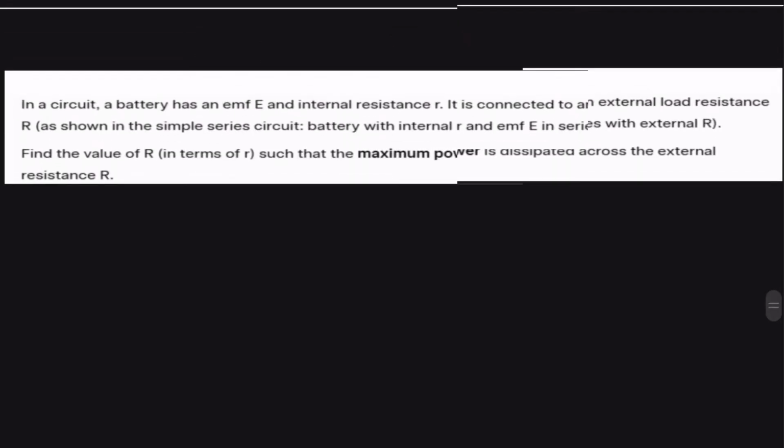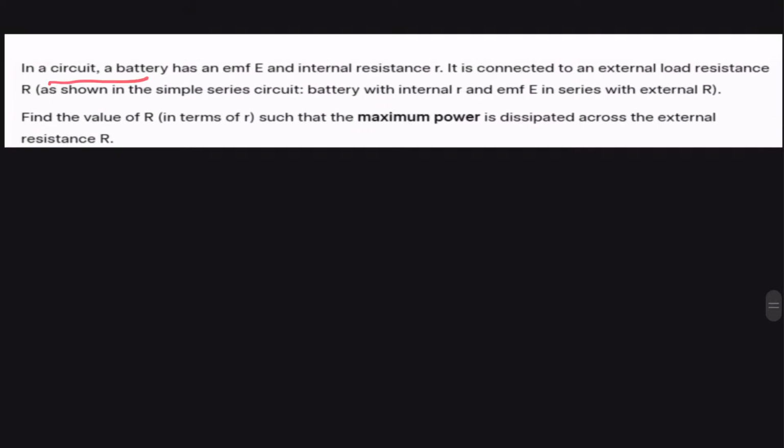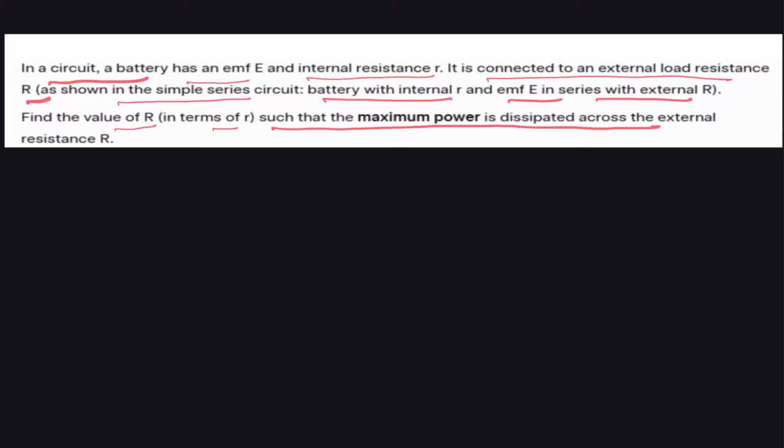In this case it states that in the circuit the battery has an EMF E and internal resistance r. It is connected to an external load resistance R as shown, a simple series circuit. Find the value of R in terms of small r such that maximum power is dissipated across the external resistance.